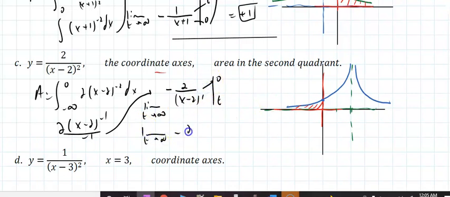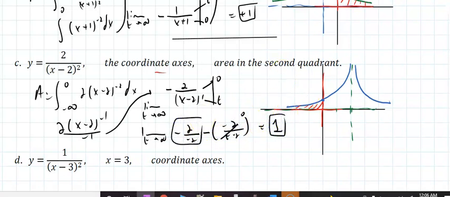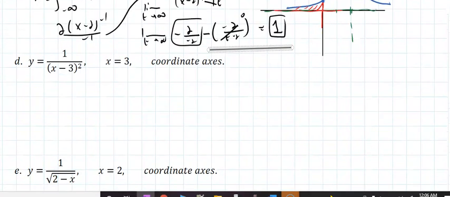Plug the 0 in, that's -2 over -2, right? Minus, plug the t in, -2 over t minus 2. As t approaches infinity, this will approach 0, and you are left with -2 over 2. It's not always a 1, but since in the book they choose problems like this, I'm trying to match.